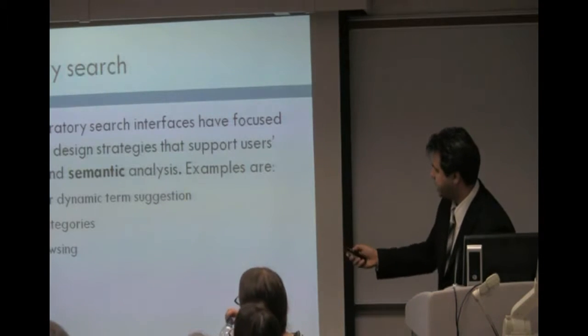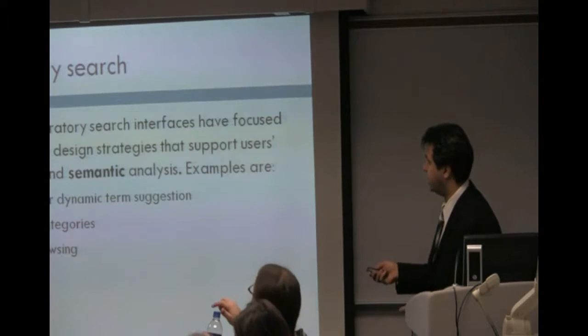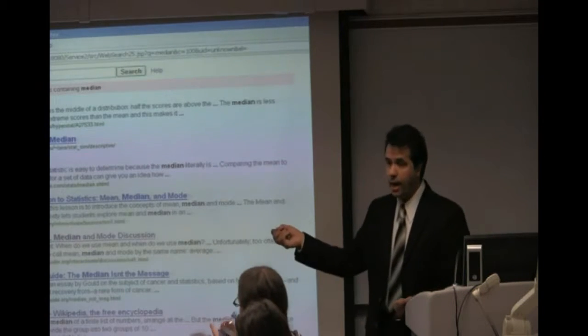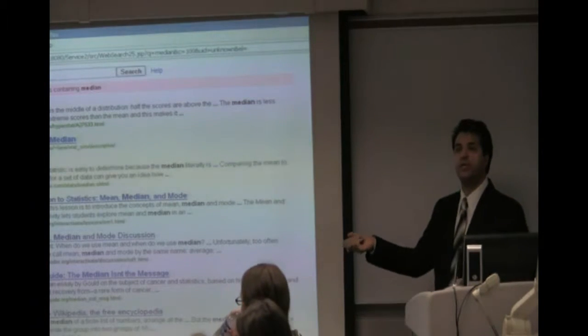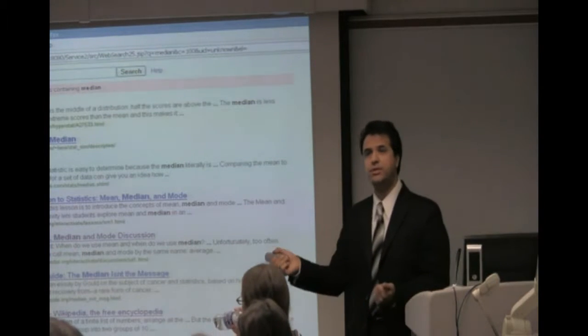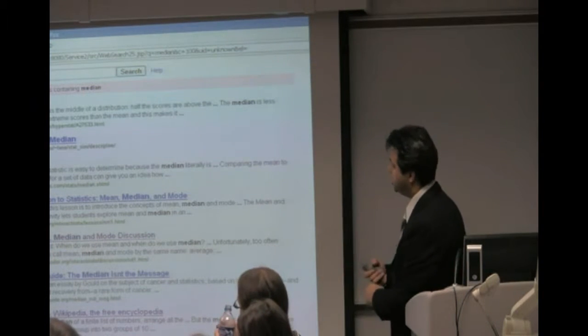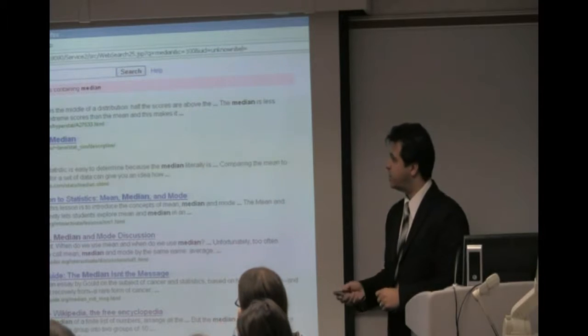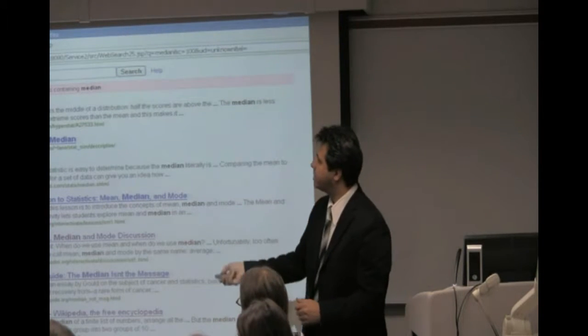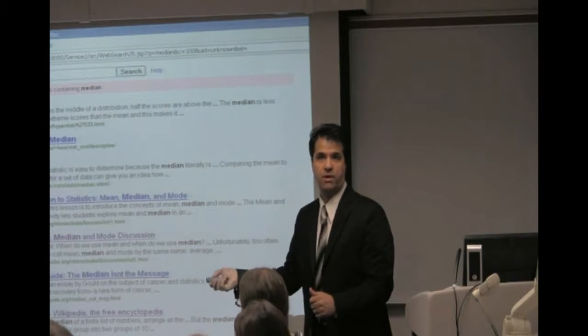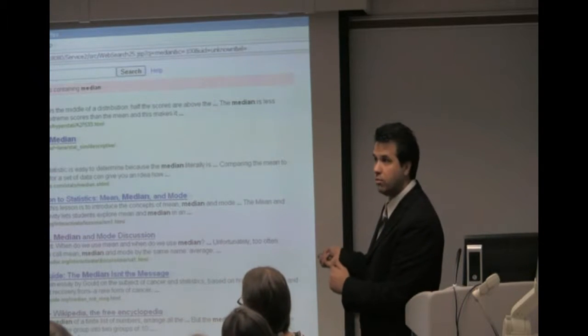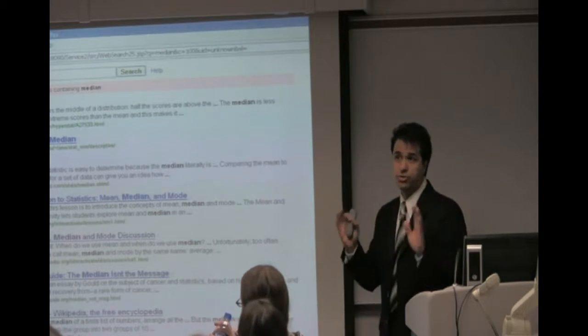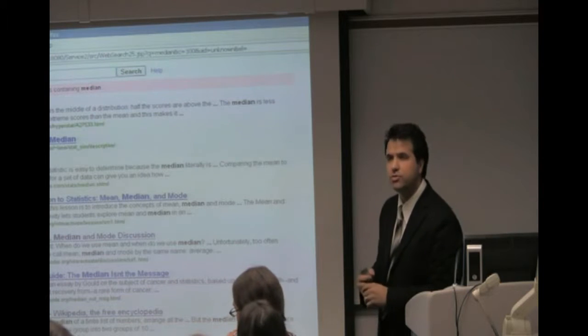So starting with these categories, interactive and dynamic term suggestion, and high-level categories, Jules and Schneiderman in 2007 did a very interesting and inspirational study. They decided to include some categorized views of the search results in Google involving actual users, about 30 to 35 users.